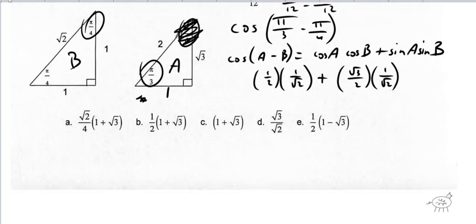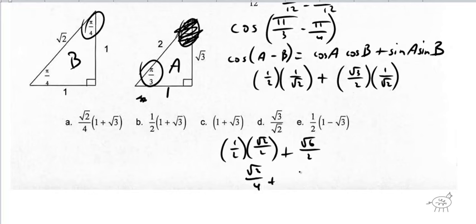Okay, so I think the hardest part of solving this one is actually simplifying it enough to give you one of these answers. I'm going to rationalize that too, so let me just do that. 1/2 times root 2 over 2 plus, rationalize that, gives me root 6 over 2. So it's root 2 over 4 plus root 6 over 4.